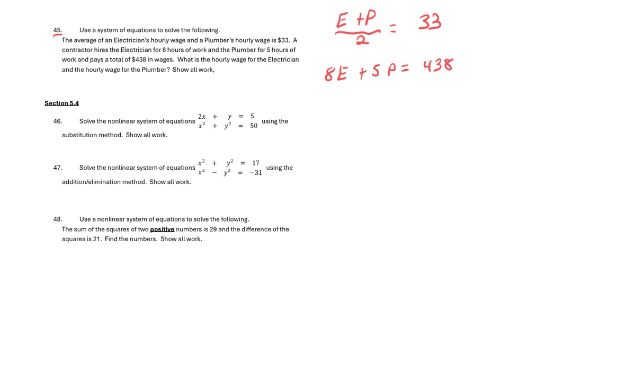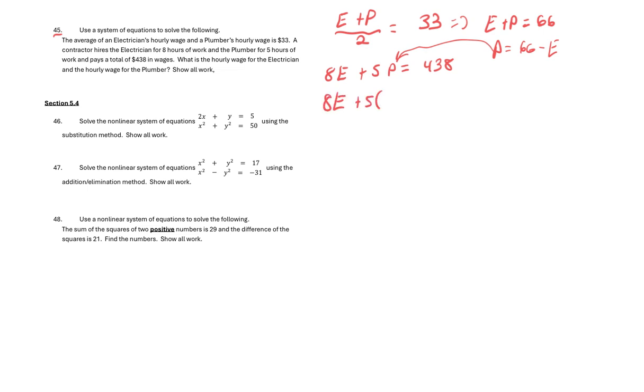So I'm going to multiply this side by 2, so we'll get E plus P is equal to 66. We'll solve for P. P is equal to 66 minus E. We can then plug that into here and be able to start solving.